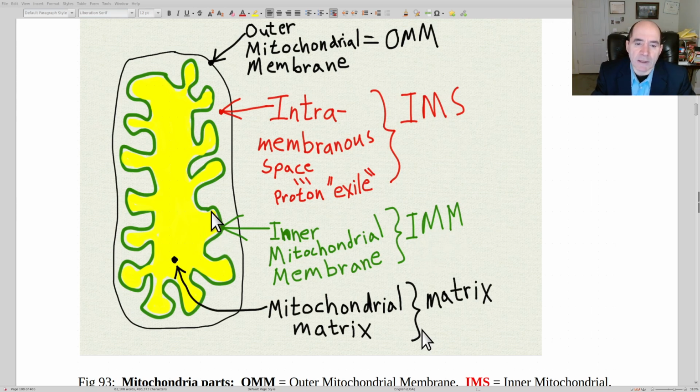This is where all the electron transport proteins are, and this is also where ATP synthase is. It is across this membrane that protons are pumped from the center of the mitochondria, called the mitochondrial matrix, into the intramembranous space. And then you build up a proton gradient with a high concentration of protons in this intramembranous space. And that's the great secret of life; life on Earth is based on that.